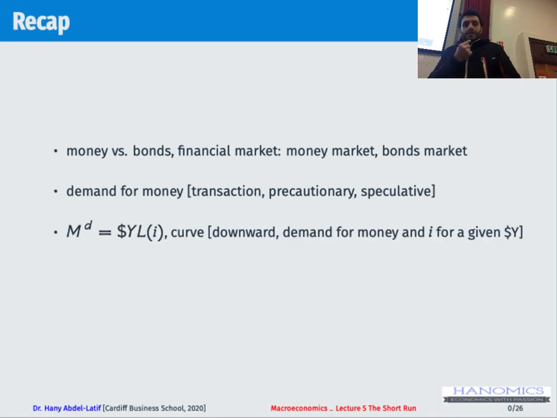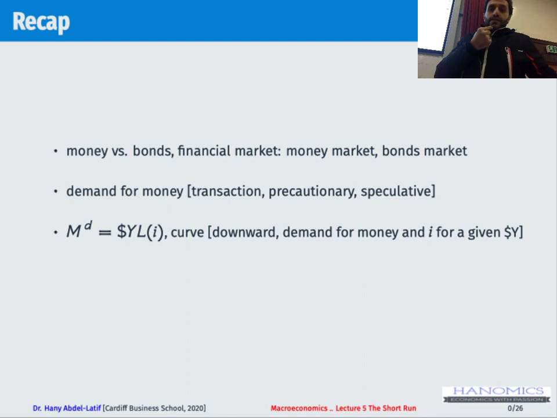So the demand for money is determined by 2 factors here: the nominal income, which is $Y, to which it is positively related, and the interest rate, to which it is negatively related.